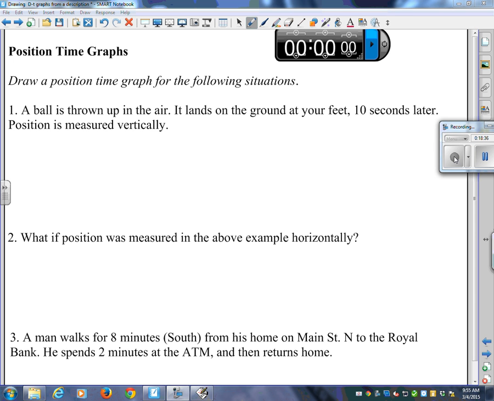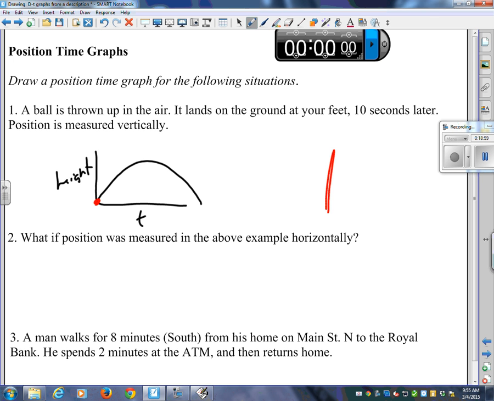You should have something like that, right? This is time, and this is height. So it slows down on the way up, speeds up on the way down. It lands on the ground at your feet. How come it's not like that? Because time is on the bottom, right?